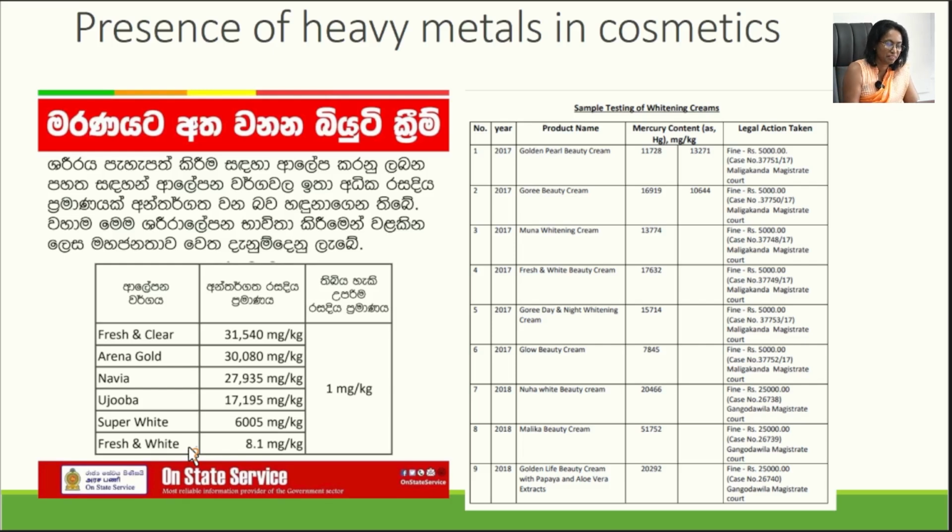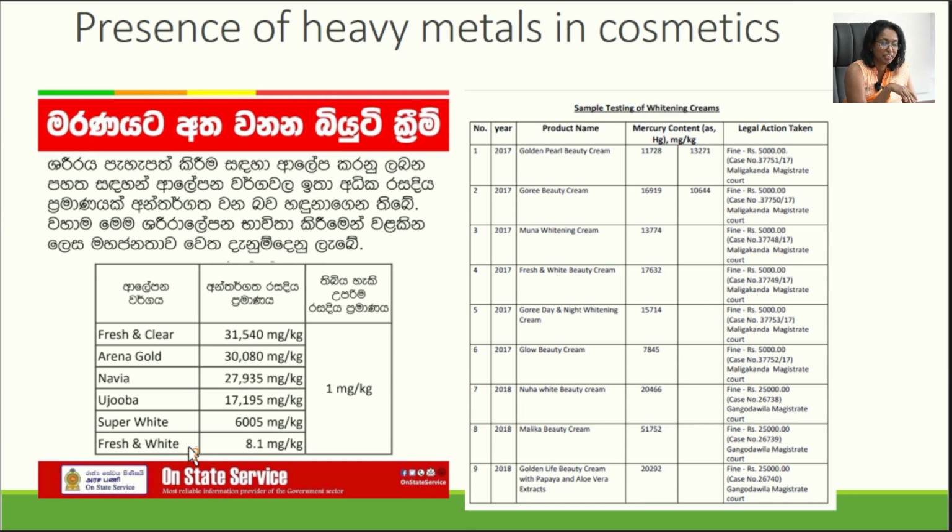I will be showing that to you later. And look at the list and look at the numbers. There was one containing 68,000. Now the allowed mercury amount is 1 part per million. And the WHO is actually pressing for no mercury. And look at these numbers. These are all in 5 figures.